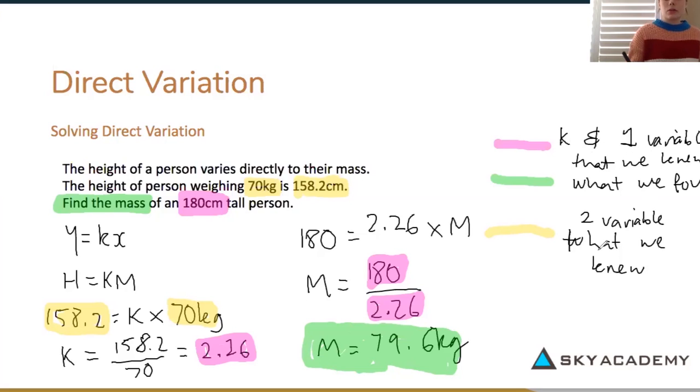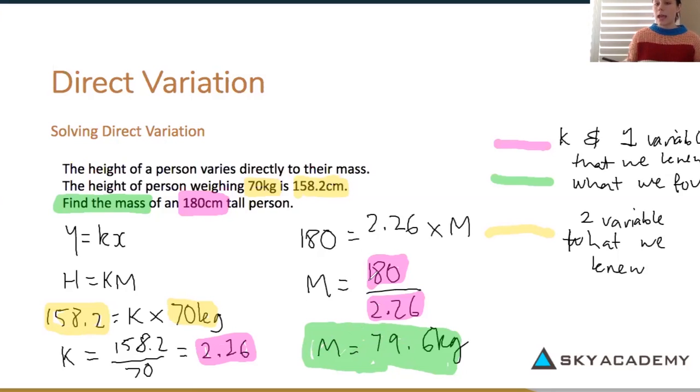We used the 2 variables that we know, which was in yellow, to solve for the purple k constant. Once we found k constant, we used that k and the variable that we did know, 180, to solve for what we didn't know, and what we found was the mass. So that's how you do direct variation, much the same as inverse variation.